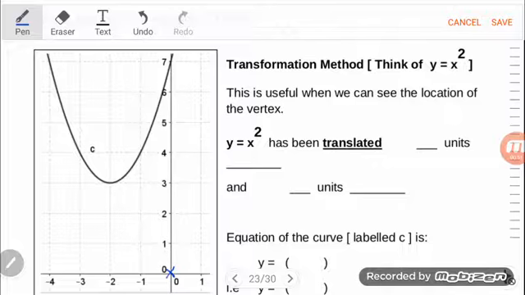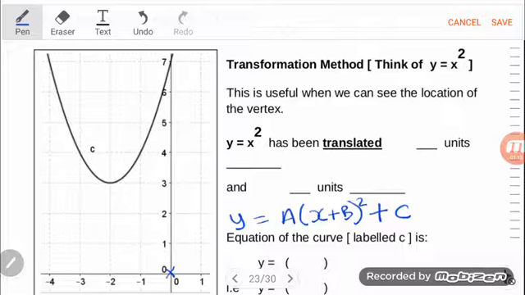Now remember, in a translation method of a parabola, our basic equation looks like this. We've got y equals some constant times bracket x plus something, close bracket squared, plus some constant.